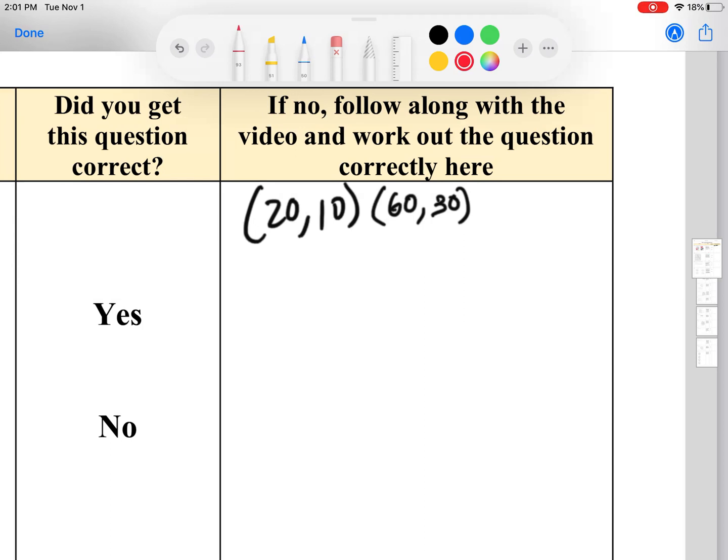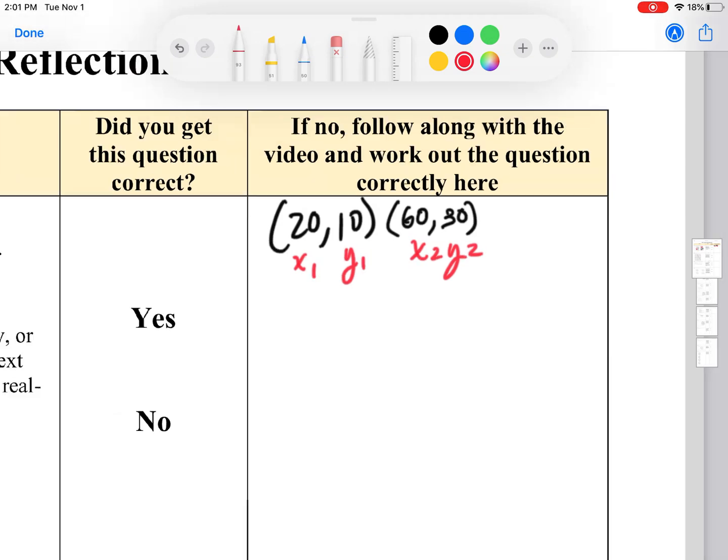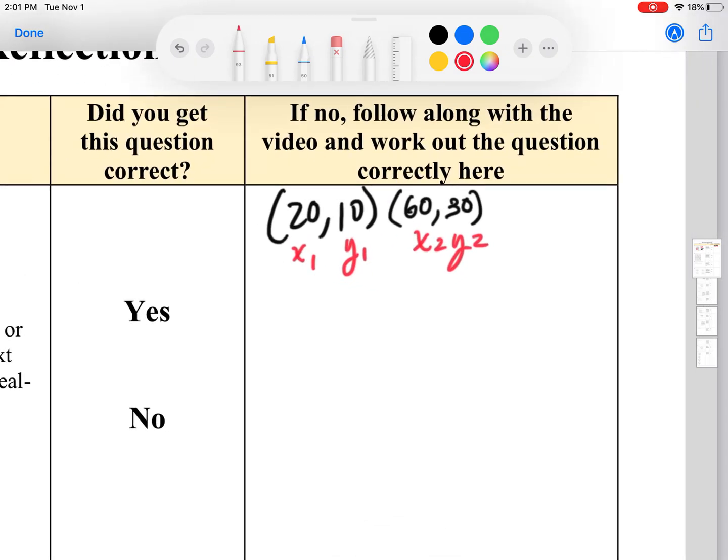So now we're going to label, this is x, this is y, this is x, this is y. These come first, these come second. So now to write the equation, like we said, it's y2, which is 30, minus y1, which is 10, over x2, which is 60, minus x1, which is 20.